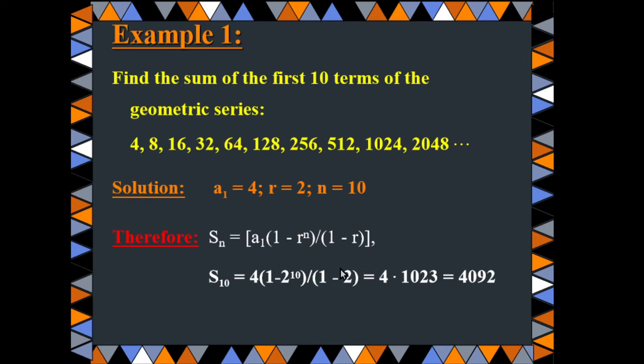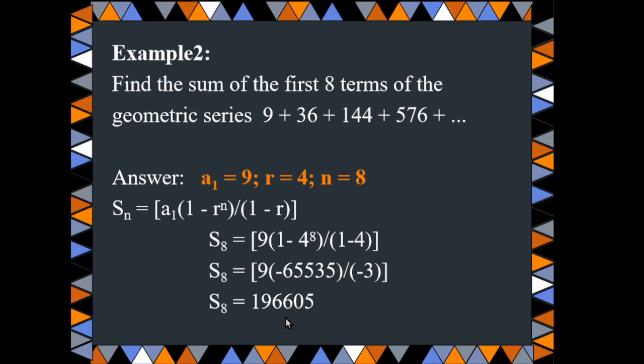After we simplify, we have 4 multiplied by 1023, and the answer is 4092. So the sum of the first 10 terms of the given geometric series is 4092, or S sub 10 is equal to 4092.